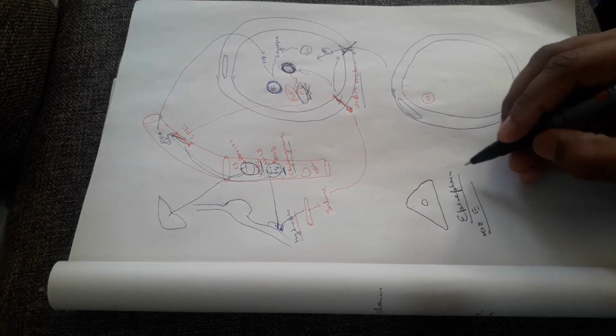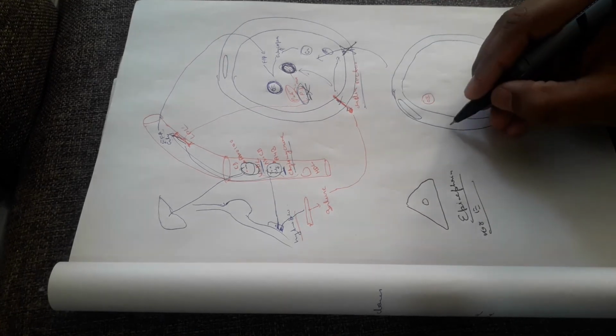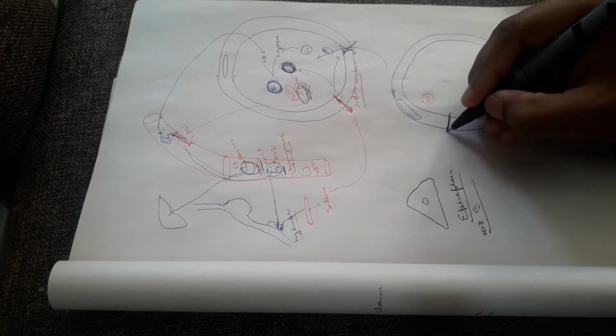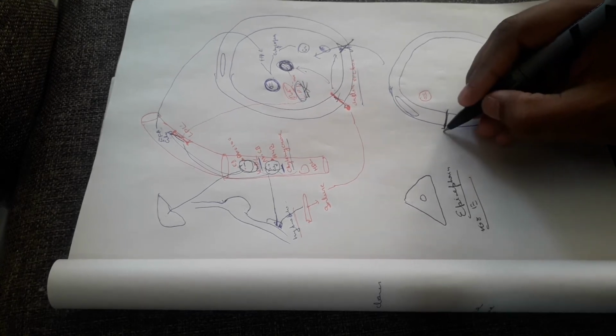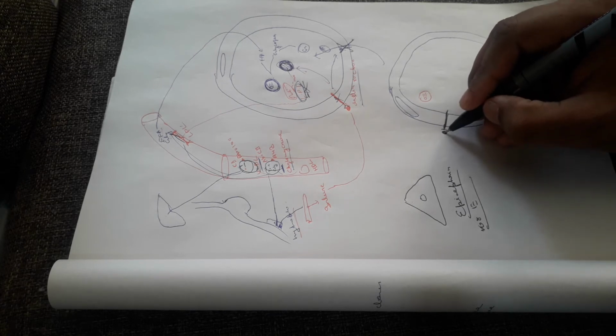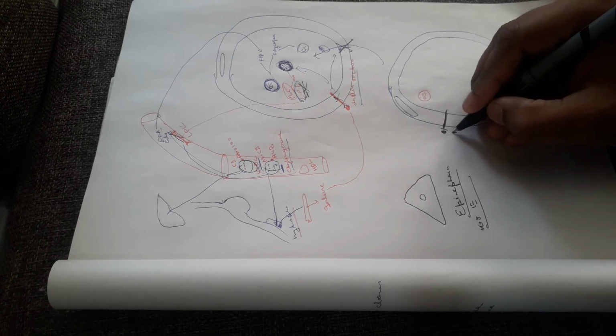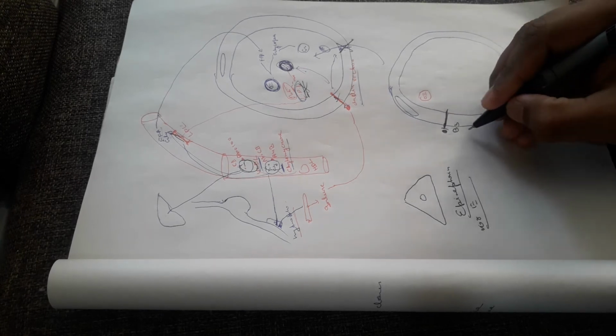So this epinephrine and norepinephrine go to the adipocyte cell. Here is the receptor of epinephrine and norepinephrine and they bind here. After binding, what happens in the cell? This receptor is the B3 receptor.